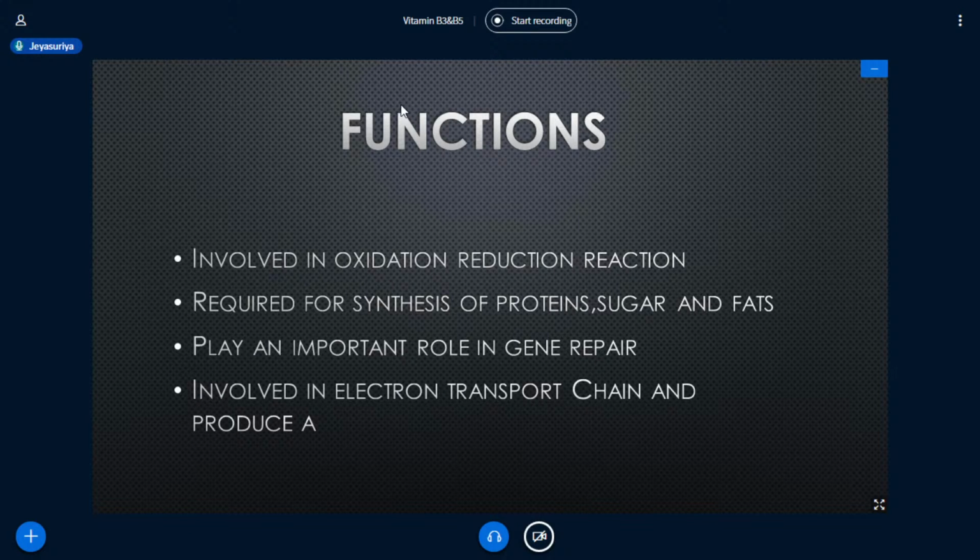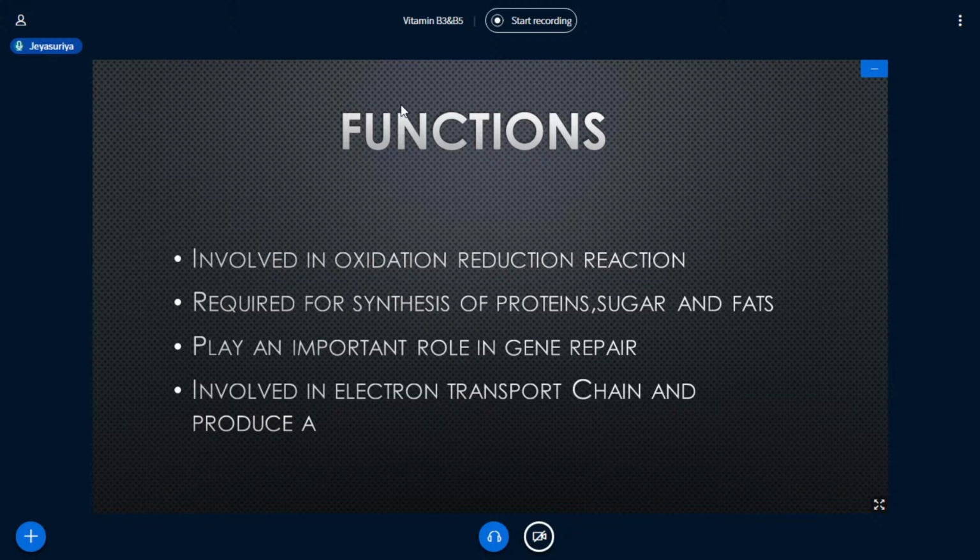The 5 carbon sugars help in the formation of purines and pyrimidines. They are vital for DNA and RNA, the deoxyribonucleic acid and the ribonucleic acid. Nicotinamide adenine dinucleotide and its phosphate are generally called the electron carriers of the cells.